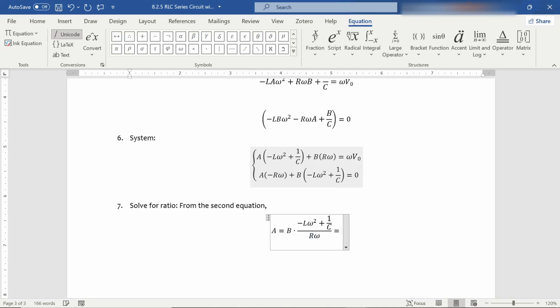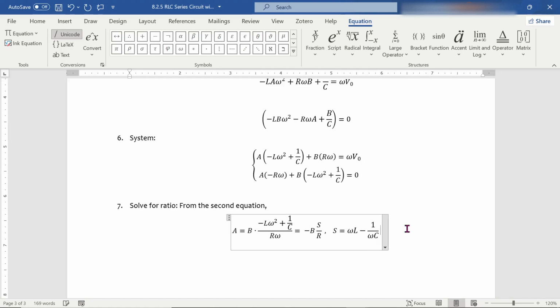And we can actually write this as negative B times S over R, where of course S is simply equal to omega L minus 1 over omega C.